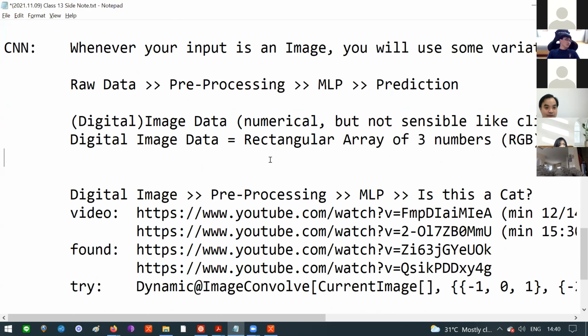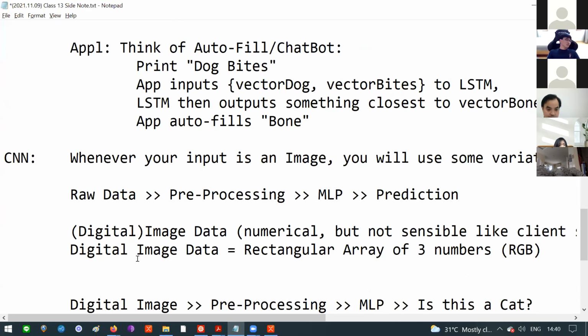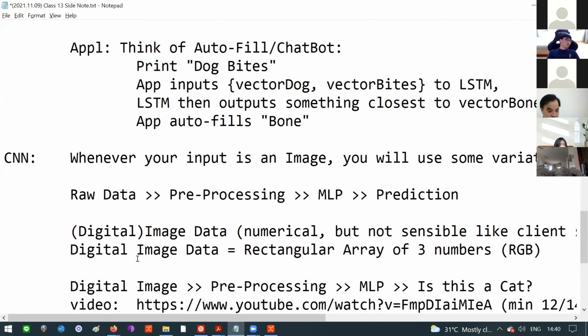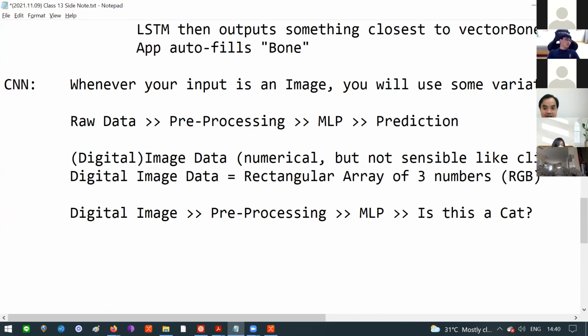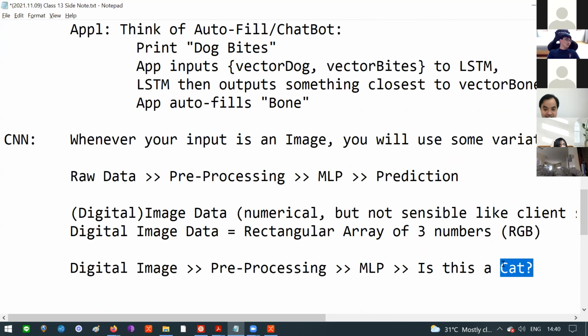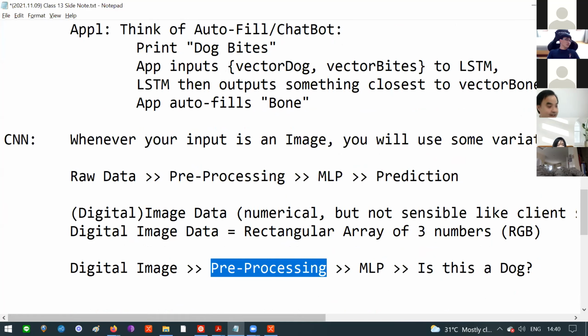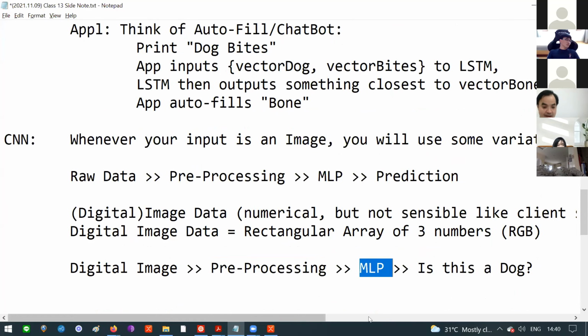This is what I want to do. Okay? This is a cat. Now this is a dog. So the pre-processing and NLP. What's another word I use for pre-processing? I use the word filter, right?